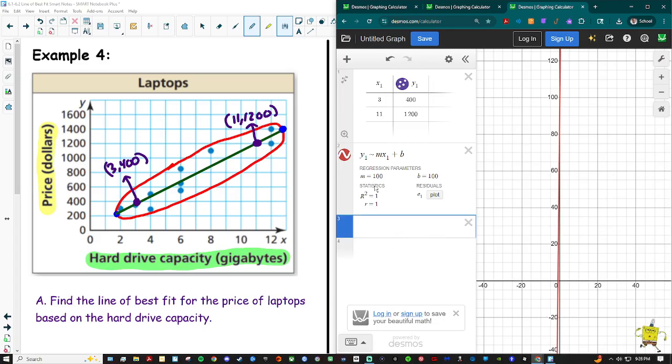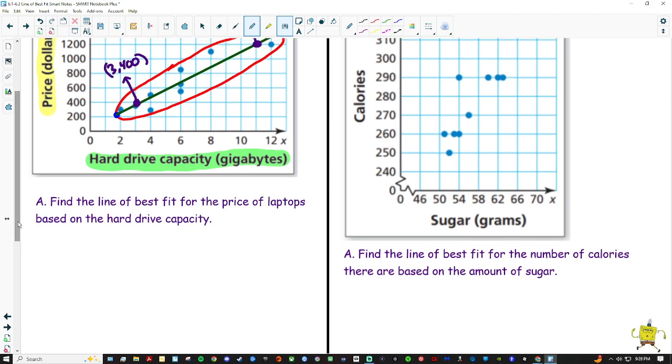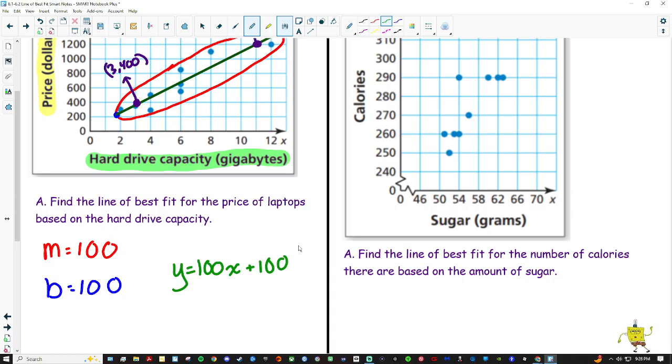I can see that my m value is 100 and my b value is 100. So now I can write the equation of my line. M is 100 and b is 100. So the equation of my line would be y = 100x + 100 is my line of best fit.